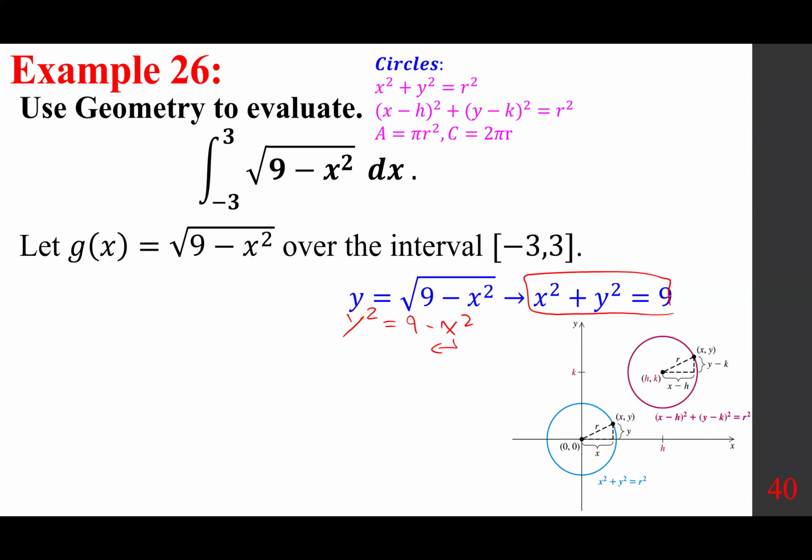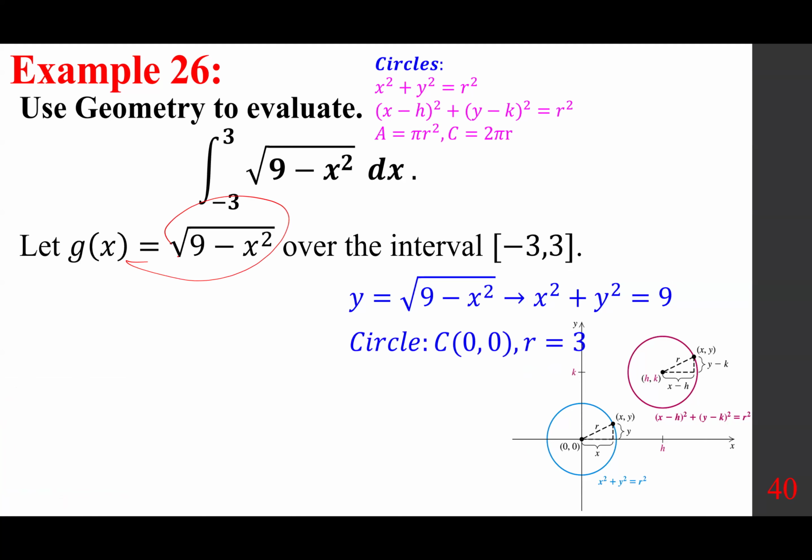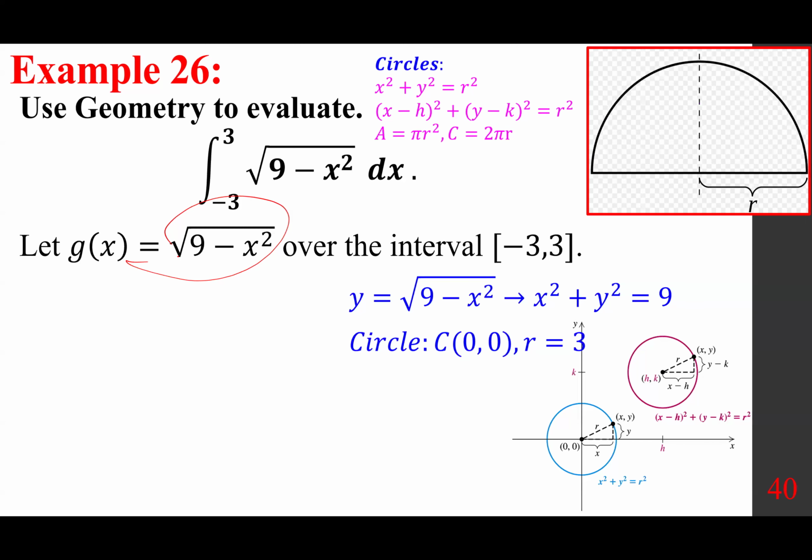And this is a circle centered at 0, 0 with the radius 3. So what is this one? That's a semicircle of radius 3. So this is the circle centered at 0, 0 with the radius 3. But what you have is a semicircle, okay?